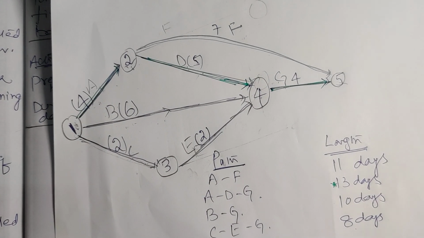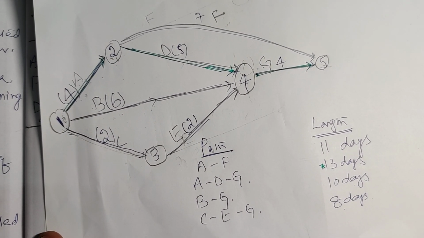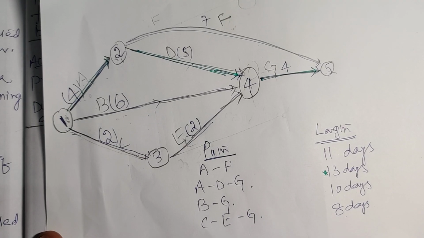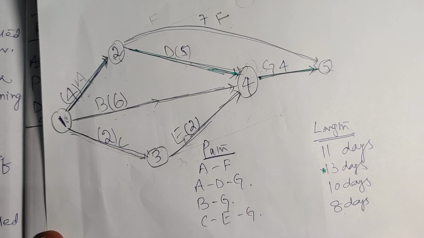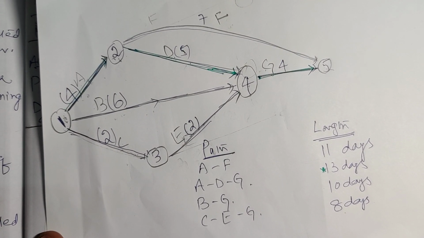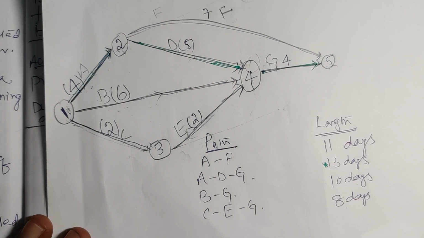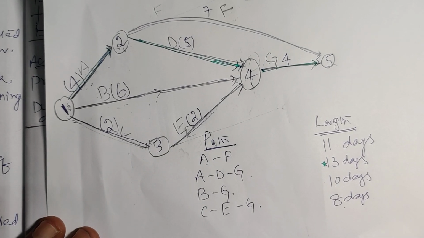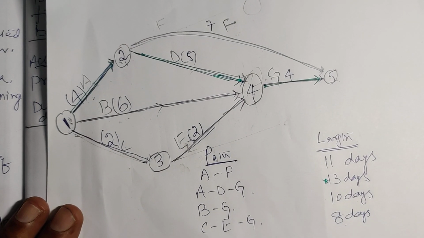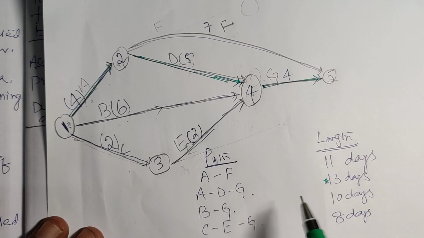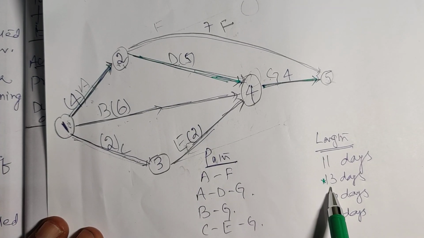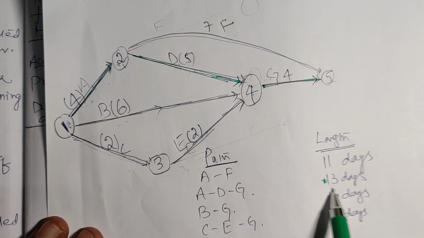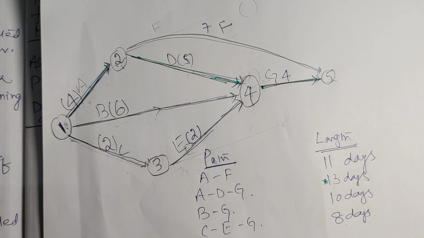And length of the critical path will decide duration of the project. What is the importance of critical path? It will decide the duration of the project. This project will take 13 days.